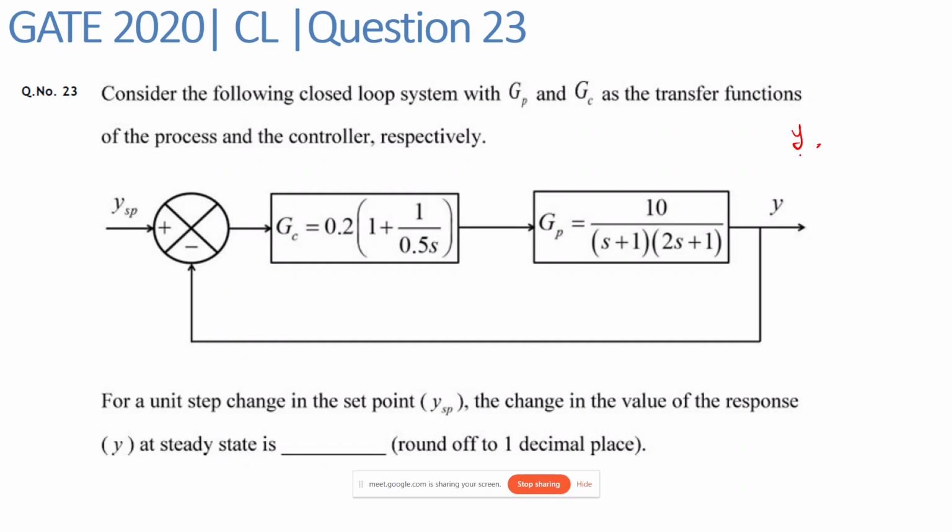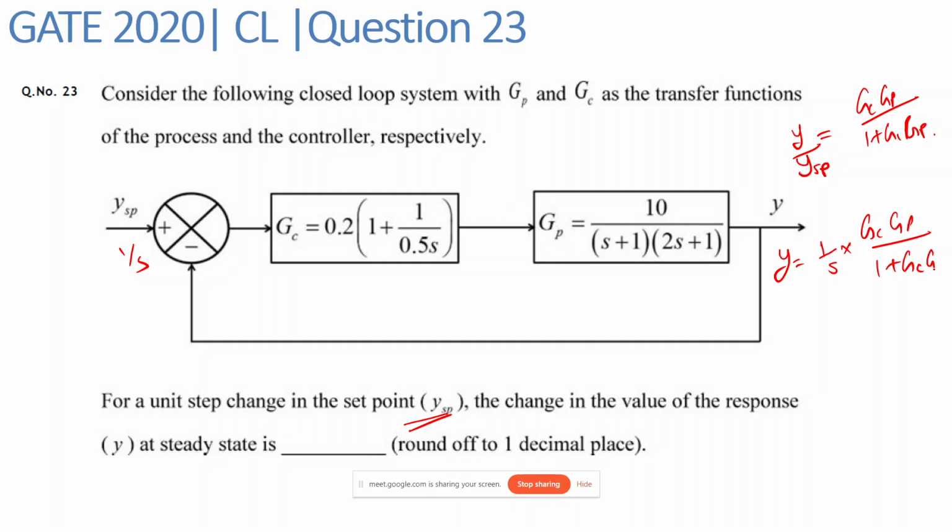So that will be Y upon YSP is equal to GCGP upon 1 plus GCGP, and then we have been given a step change in the input, that is YSP is 1 by S. From that we can calculate this YS, that is 1 by S times GCGP upon 1 plus GCGP.